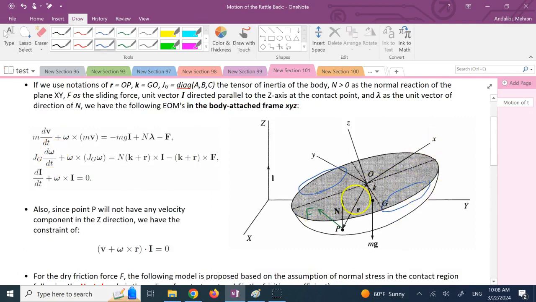If it's an ellipsoid with no cuts, no asymmetry, then the principal axes are going to be this axis, this axis, and the one in the upright direction, this one. But if there is asymmetry involved, then these axes will be rotated.